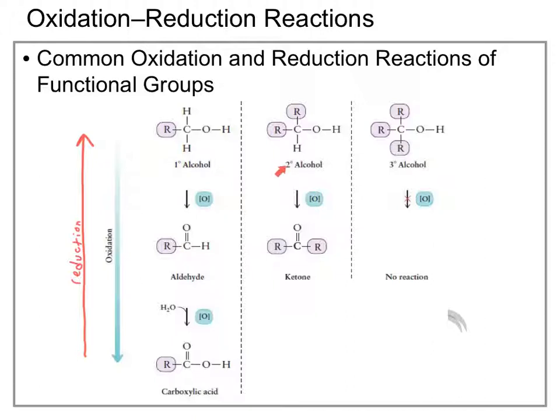A secondary alcohol could be oxidized in order to form a ketone. And the reverse would be true. If we have a ketone, it can be reduced in order to form our secondary alcohol. Tertiary alcohols cannot be oxidized to form anything else.